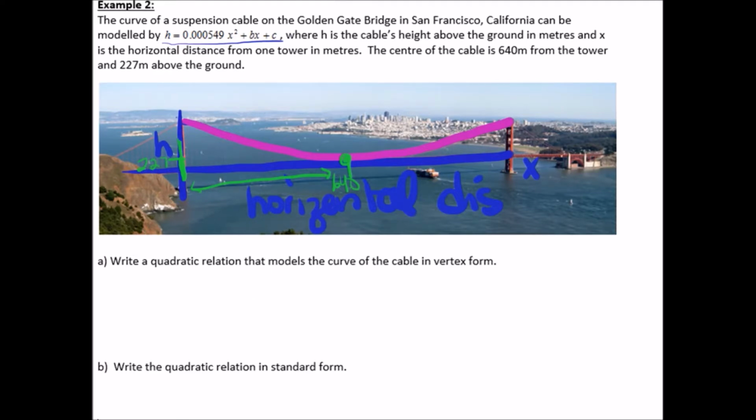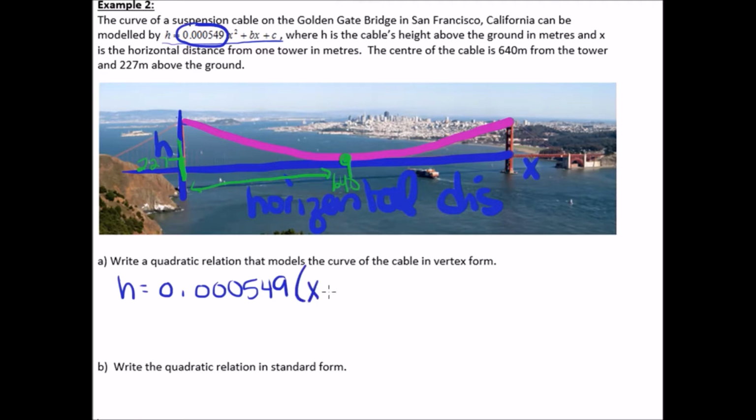227 meters from the ground. Okay, so what this question wants us to do is write a quadratic relation that models that curve, and we're going to do so in vertex form. If you can see up here, let's go height equals 0.000549. That's actually the A value. And then we're going to write in vertex form.